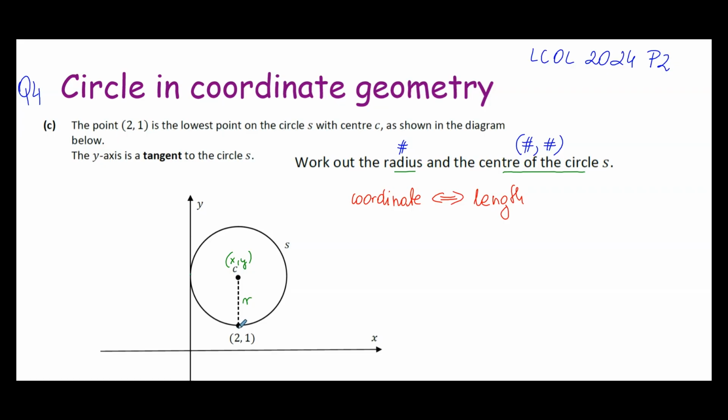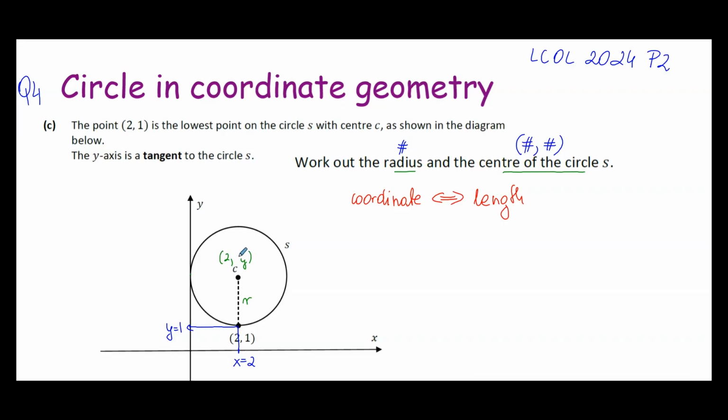Okay, so what does it mean, coordinates of (2, 1)? That means that the value of x is 2, and across here, the value of y is 1. So the x-coordinate of the center is the same, it will be 2. We can replace that and put 2, so we have the first value.